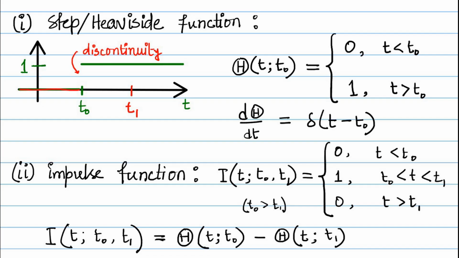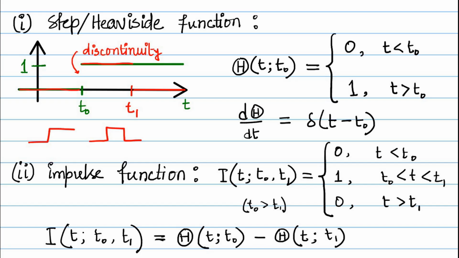Like that. In between t0 and t1, the first function is 1, but the second function is 0. And after t1, both functions are 1, but one is subtracted from the other. So it goes like this. The step function goes like that, and the impulse function goes like this.